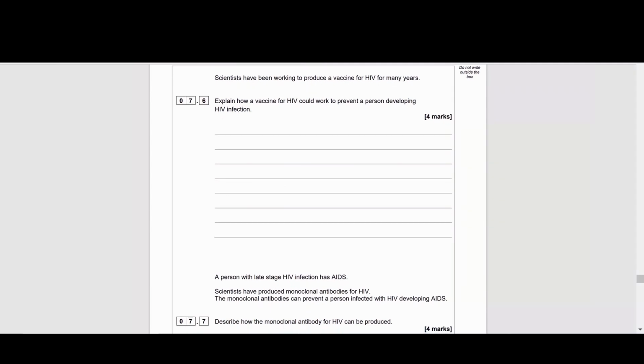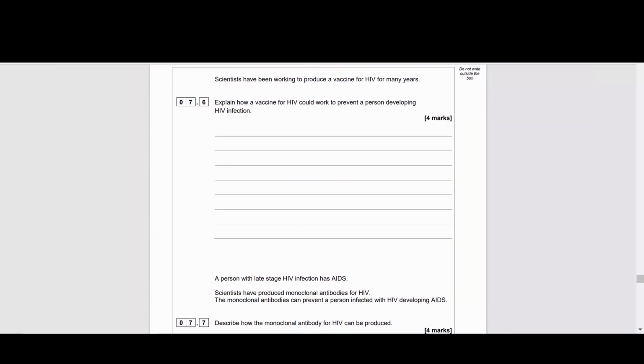Question 7.6. Scientists have been working to produce a vaccine for HIV for many years. Explain how a vaccine for HIV could work to prevent a person developing HIV infection.